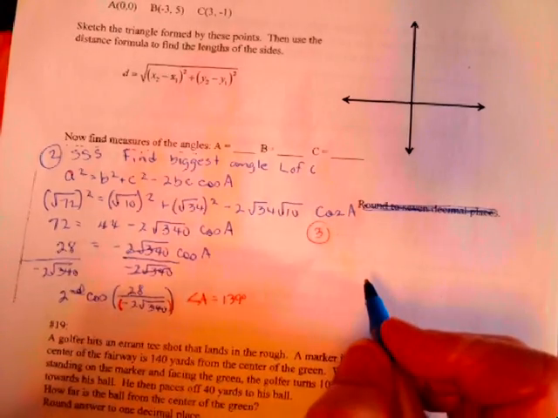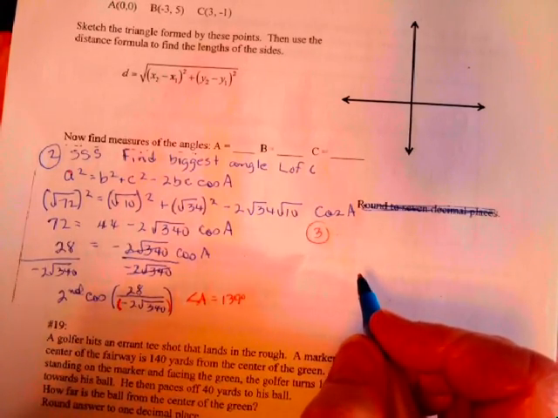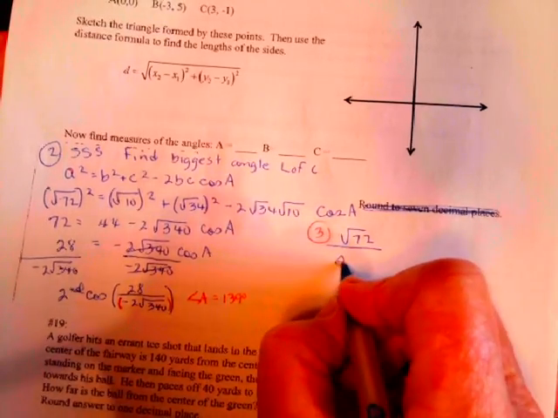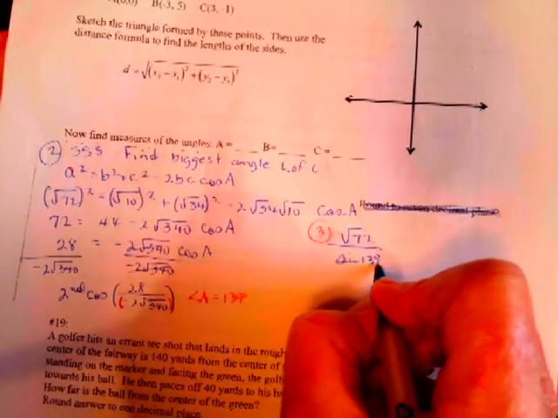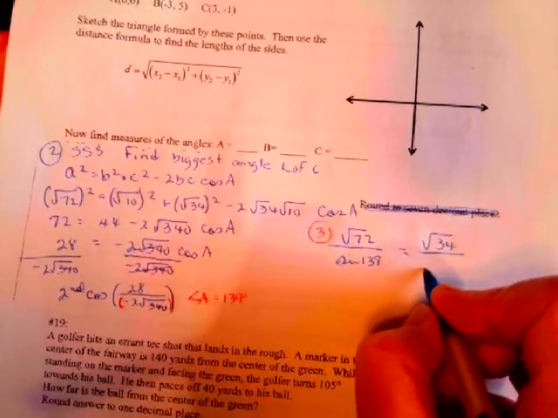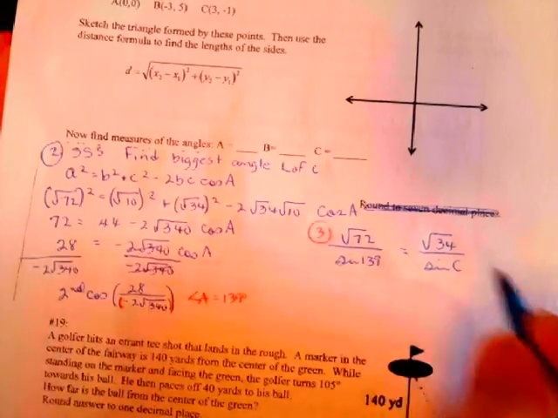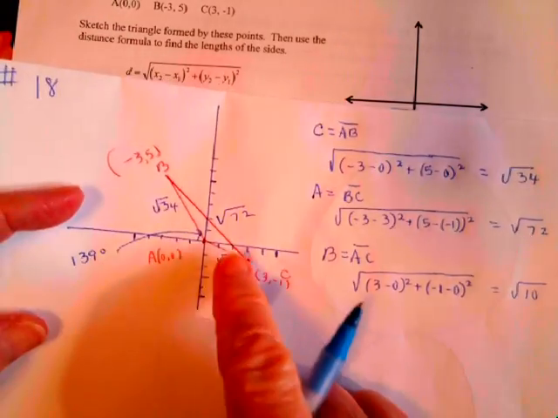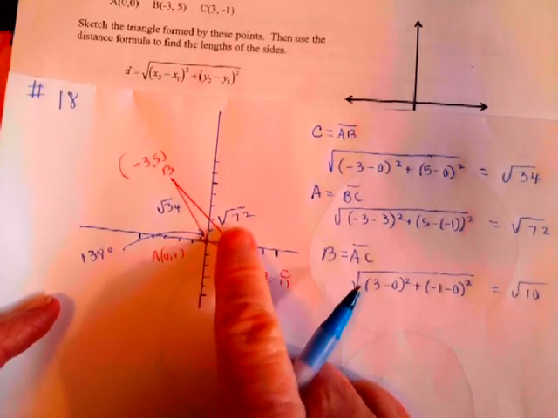We can now say that the square root of 72 is to the sine of 139, as the square root of 34 is to the sine of C. We can say that because we have this.